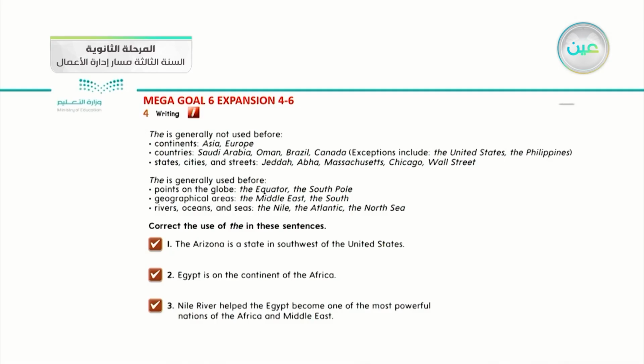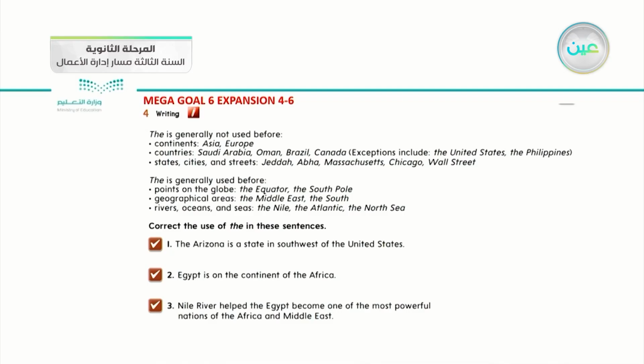Geographical areas, such as the Middle East, the South, and so on. And the third point, rivers, oceans, and seas: the Nile, the Atlantic, and the North Sea. Also, we can use it with a desert, I think, but with Sahara Desert we can't use the article "the". There are some exceptions to these things.